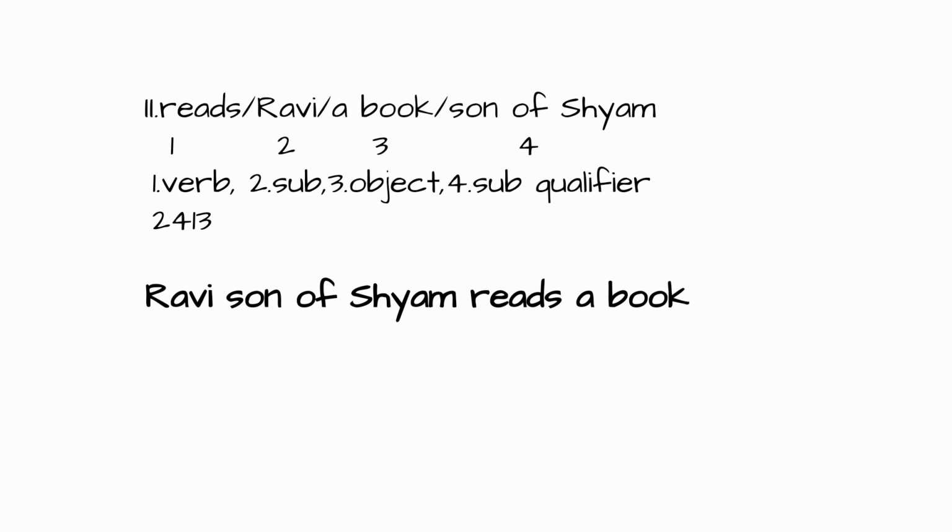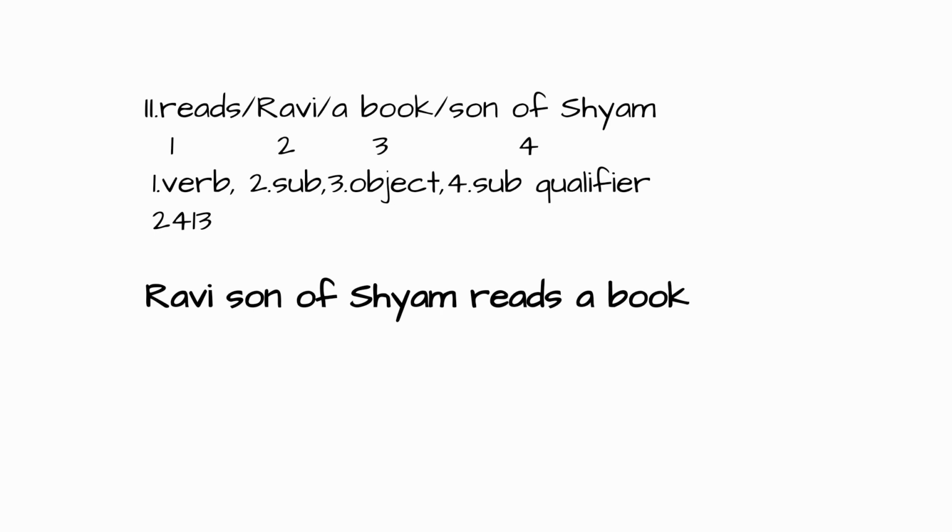So first we have to write the subject, that is 2, and then the subject qualifier. If it is there, you have to write it. If it is not there, leave it. So that is 2, 4, and then what? Obviously the verb, that is 1, and then lastly the object, that is 3.